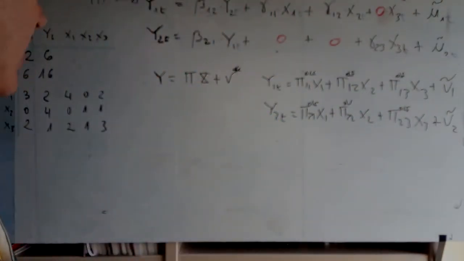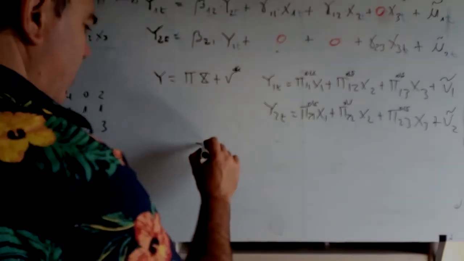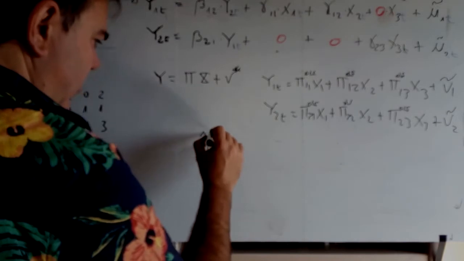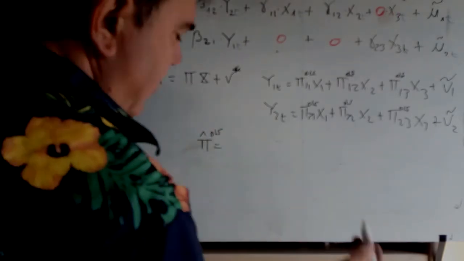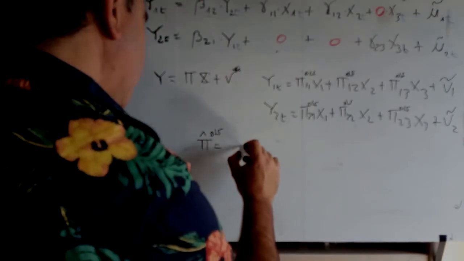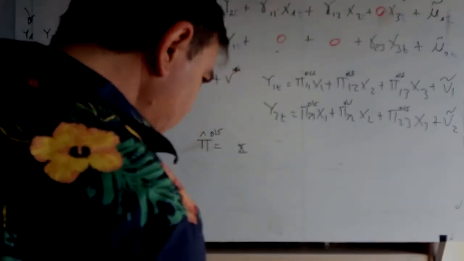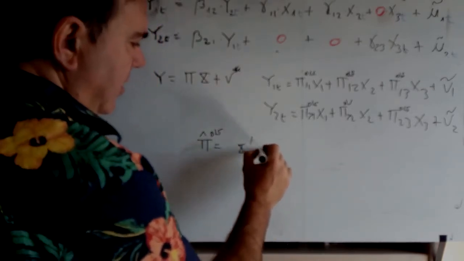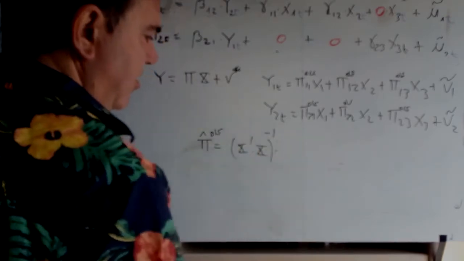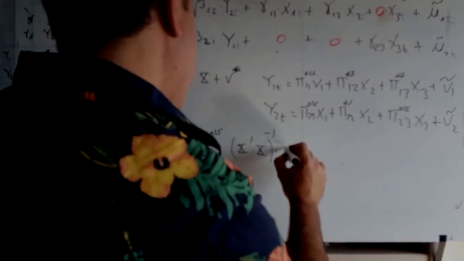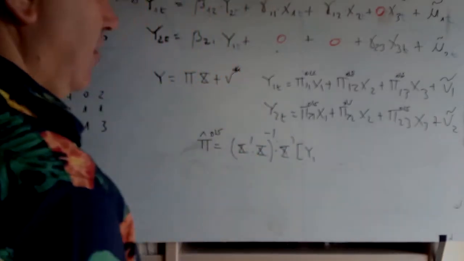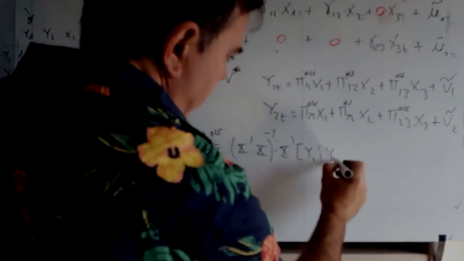Using the equation for the ordinary least squares estimation. If you remember, for ordinary least squares estimations we used the Gaussian estimation. At this time we are using the Gaussian estimation. The estimation is performed by multiplying the matrix of data, capital X prime times capital X inverse, times capital X prime times y1 and y2, because this is a multiple model.